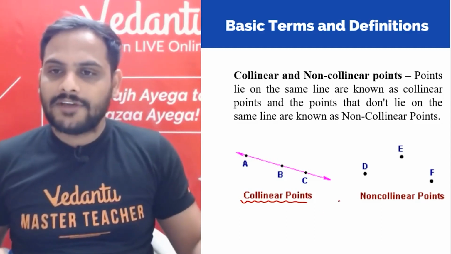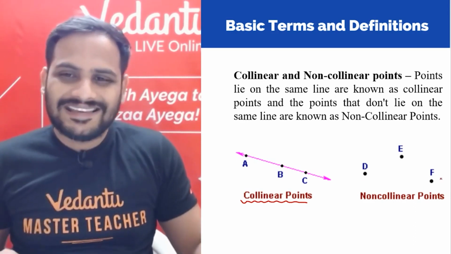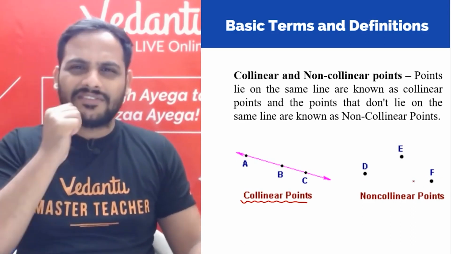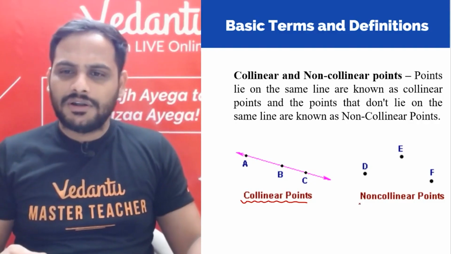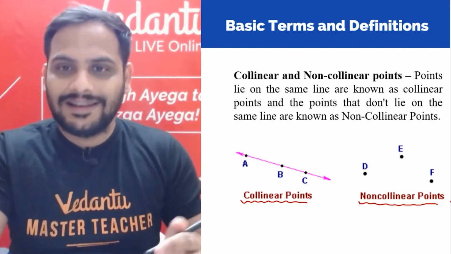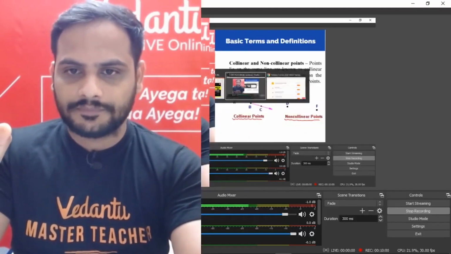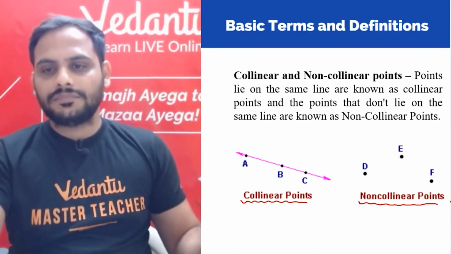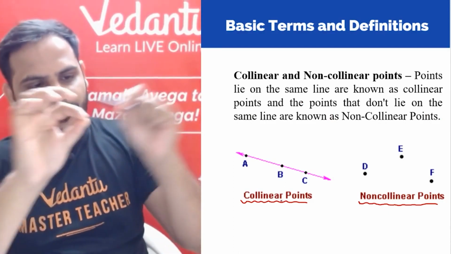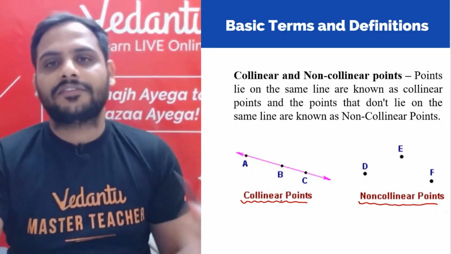But if I have 3 points, suppose D, E and F, and I cannot join them with a single straight line, they will be called non-collinear points. So collinear points means all of them lie on a straight line. Non-collinear points means they do not lie on a single straight line.